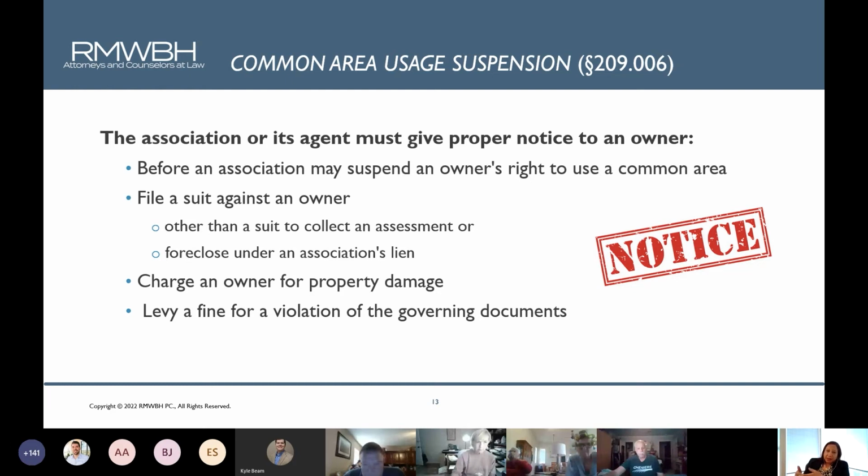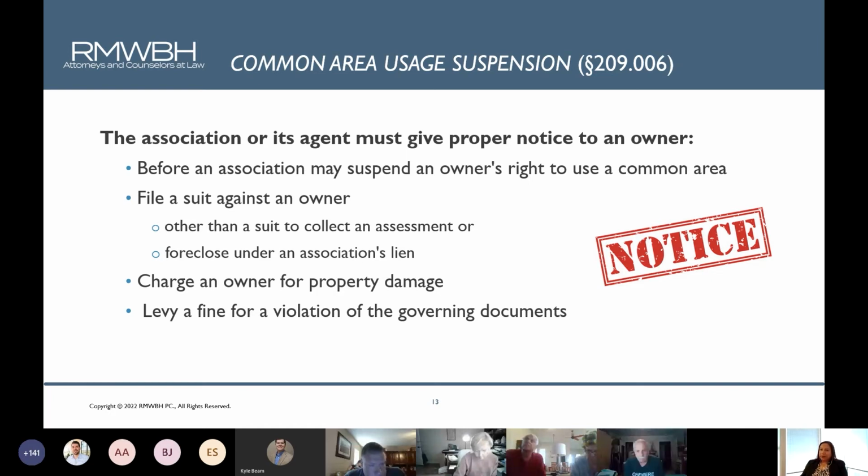So typically under 209.006 for compliance issues, the association has to send a 209 notice. And that's what I'm talking about when I say 209 deed restriction notice, which is different from 209 collection notice. But why it's important, again, under this context, is if the association plans to suspend privileges to use a common area, then the association has to give this 209 notice.